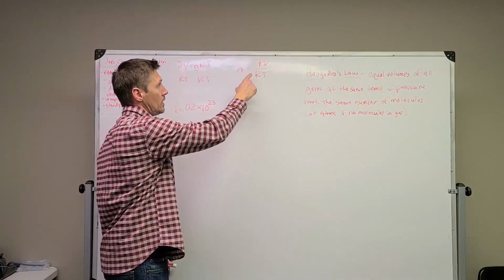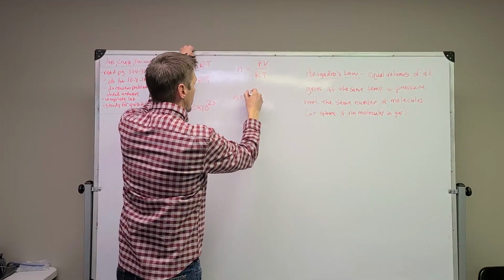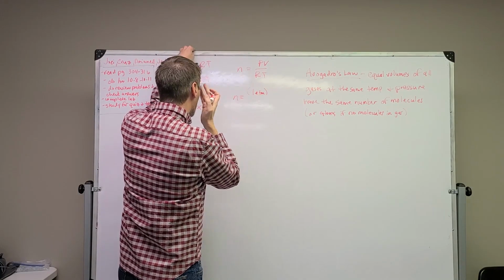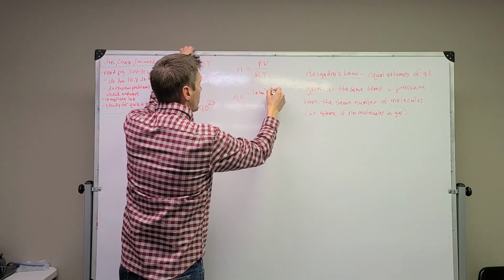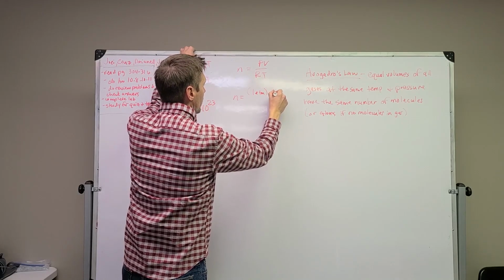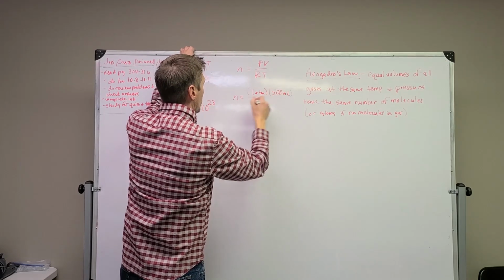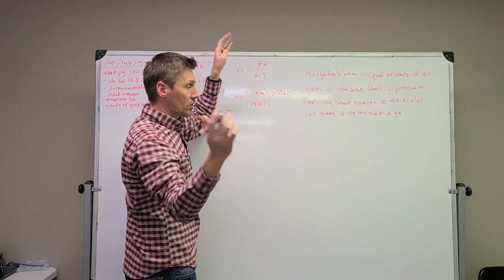Because if I figure it out for oxygen, my calculation is going to be: atmospheric pressure is around 1 atm, we know our volume is 500 milliliters, we know R is 0.0821, and it's in the room, so it's all at the same temperature.